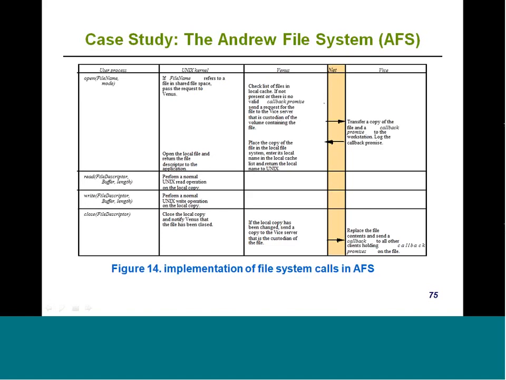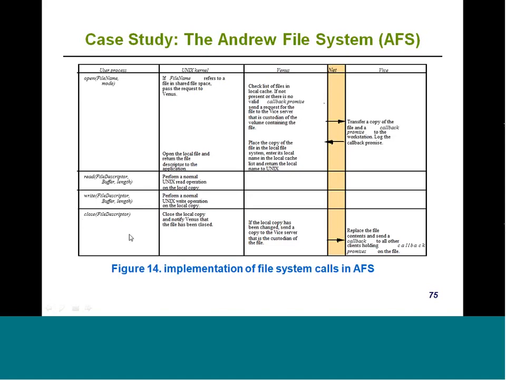So now the read operation is just a normal read operation on a localized file system. Now if it is a write operation, again it does not go to Venus or the Vice, but it just does the operation in the local file system itself, the local copy.